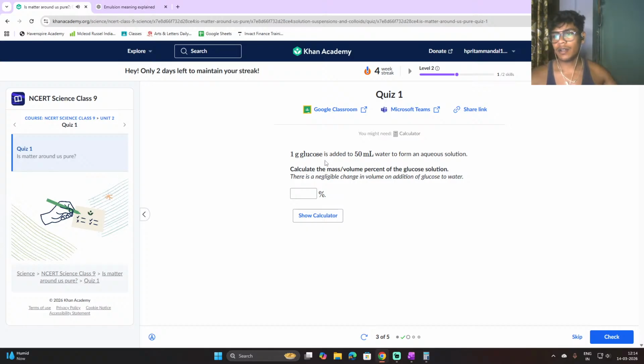Next, 1 gram of glucose is added to 50 ml water to form an aqueous solution. Calculate the mass by volume percent of the glucose solution. The change in volume is negligible here. Okay. So first we have to find out the formula.